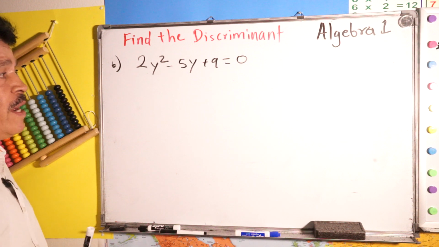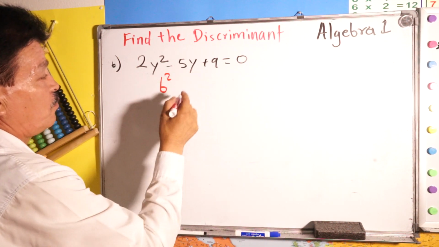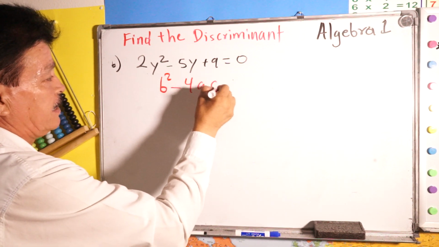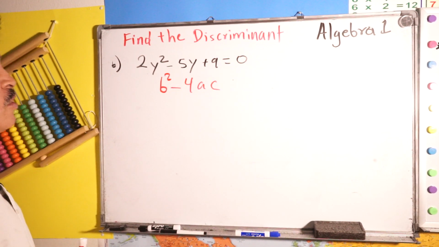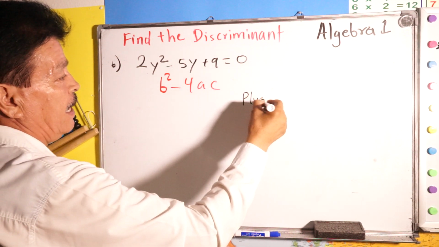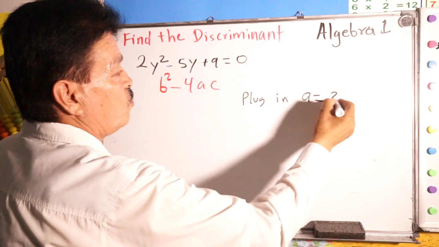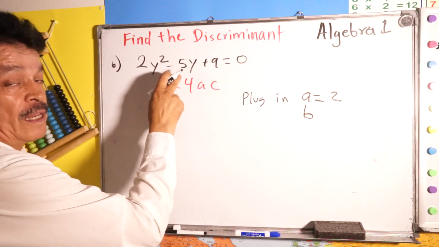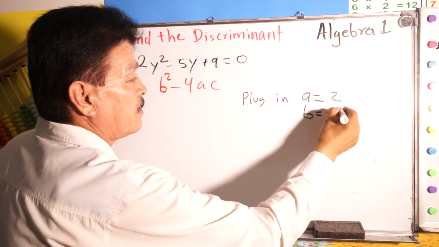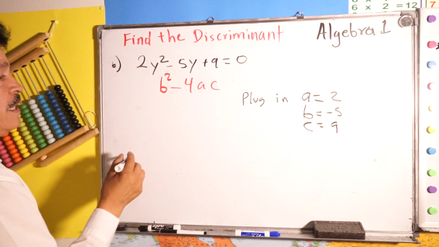First step, you write the formula that we use for the discriminant, b squared minus 4ac. I explained it to you. So now this is equal to, just plug in a. How much is a? A equals 2. B, how much is b? Negative 5. And c is equal to 9. All right, just plug it in here.